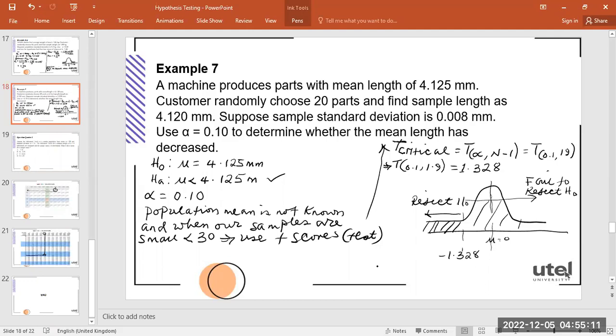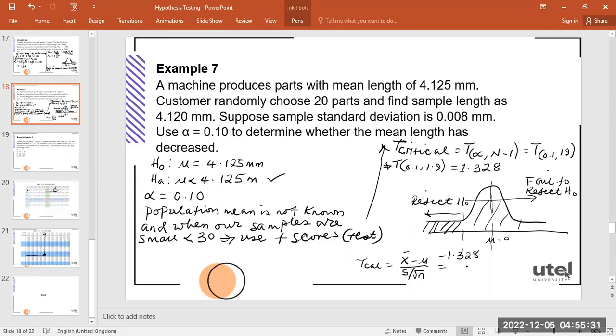Now, the next thing we will do is for us to calculate, this is the t critical, so we'll now calculate our t calculated. And the formula is similar to that of the z distribution. So it's going to be x bar minus mu all over s.